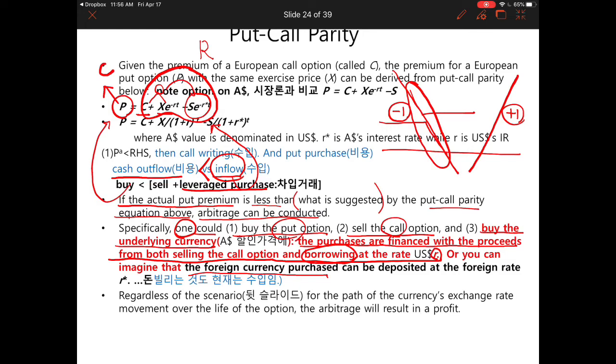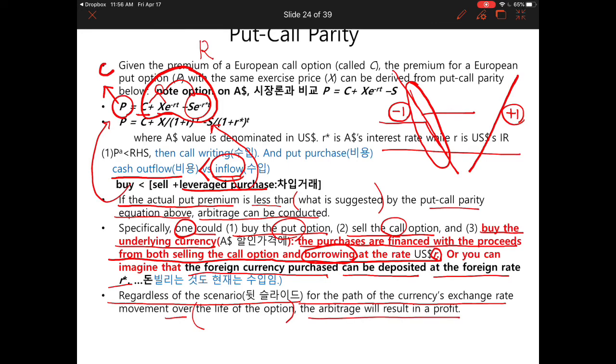Does it make sense? By leverage, you borrow the money and purchase the foreign currency, and that currency is deposited at the foreign currency interest rate. Then regardless of the past or future currency exchange rate over the lifetime of this option, arbitrage will result in profit.